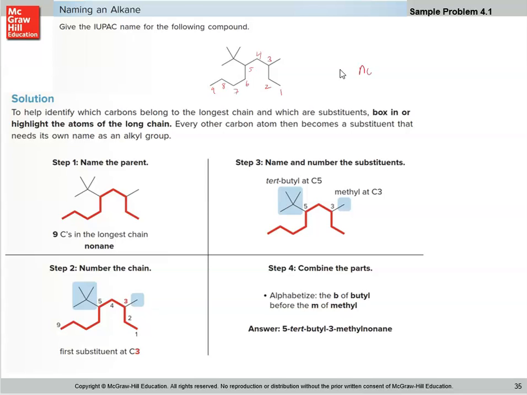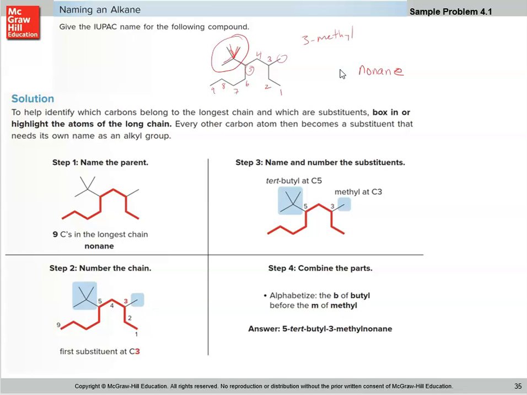So we know nonane is our backbone structure. On that 3 carbon, we have a methyl group. And on the 5 carbon, we're going to have that tert-butyl. Tertiary carbon, 1, 2, 3. It's actually quaternary, but we're assuming that's not a part of that.